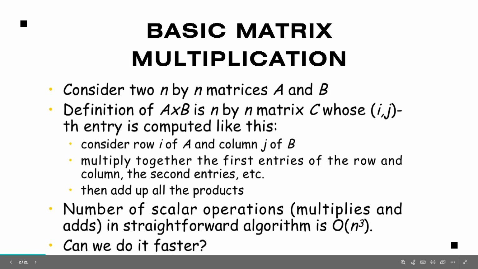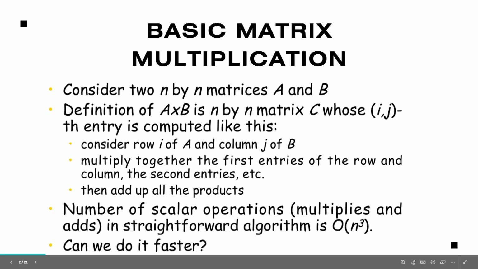Consider that we have two n by n matrices A and B. We are going to define matrix multiplication as A cross B. The resultant is going to be C, which is also an n by n matrix, and for every index i, j in the resultant matrix C, we are going to do this computation.